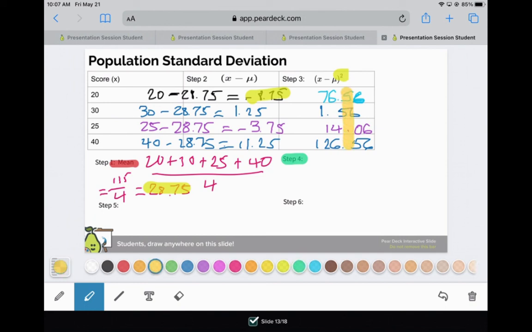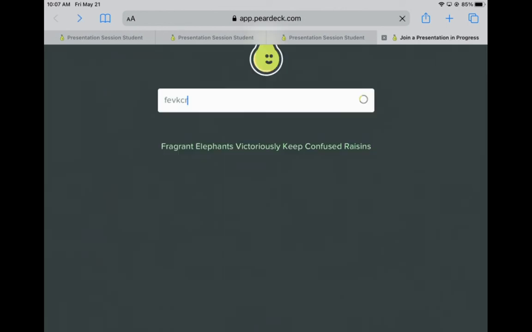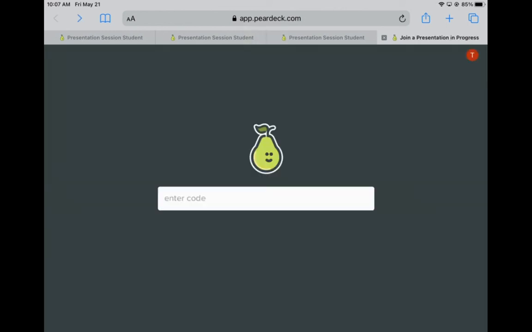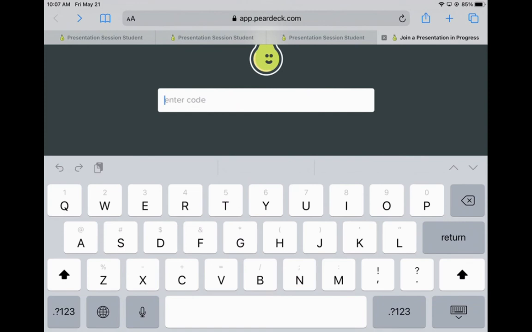So think about the standard deviation. Whatever you do for that step, you have to use the number from the previous step. So let's add them up. 126.56 plus 14.06 plus 1.56 plus 76.56.